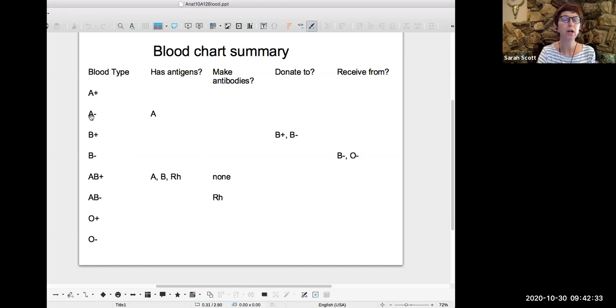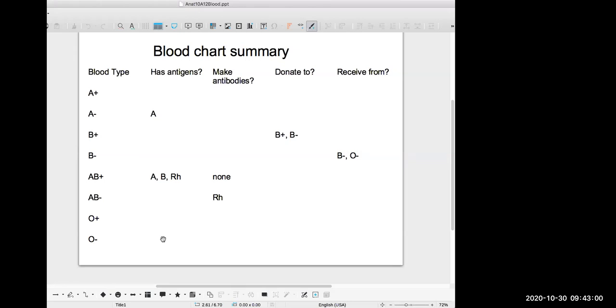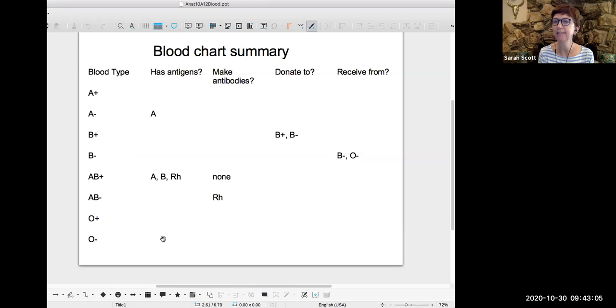So for example, if you are A negative, you have the antigen A. Okay, you don't have Rh and you don't have B. If you're AB positive, you have all 3 of them, right? What about if you're O negative? What antigens do you have? None. You don't have any. That's exactly right. You don't have any antigens at all.